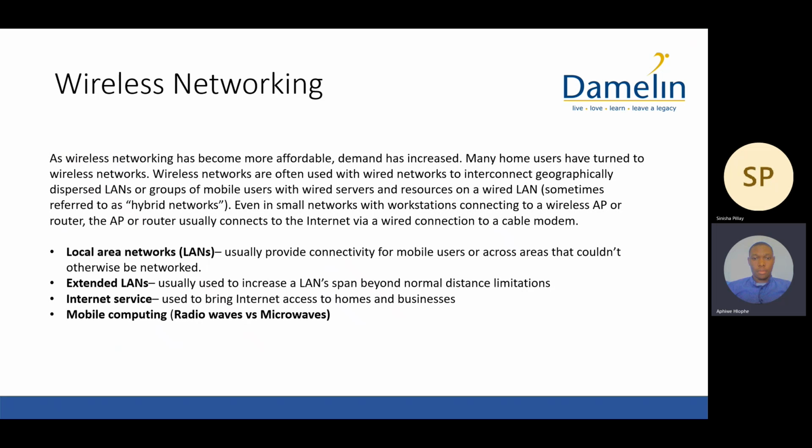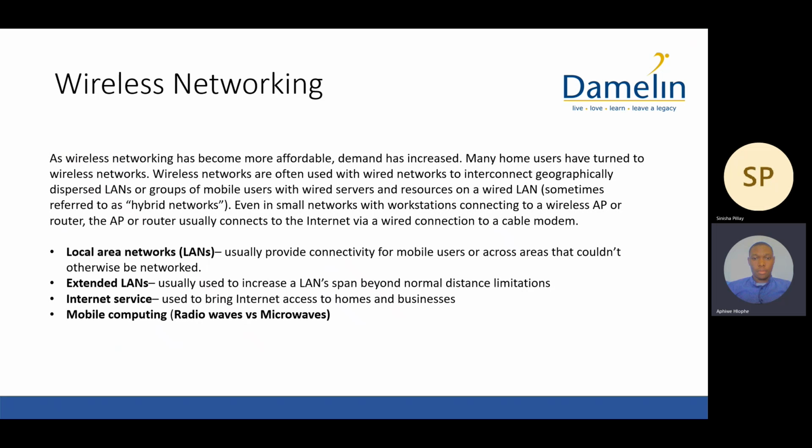So normally you find that we have a router and there's a modem mounted on the wall, and the router is connected to the modem, and the modem is connected to the external infrastructure, which is the telephone network. And then the router is transmitting the signals wirelessly. So although we are connecting wirelessly, to some extent there is going to be some wiring, especially going into the external network.